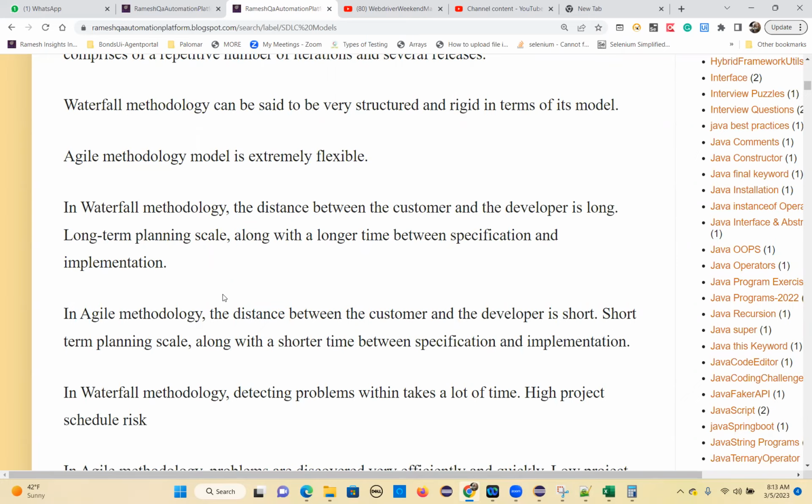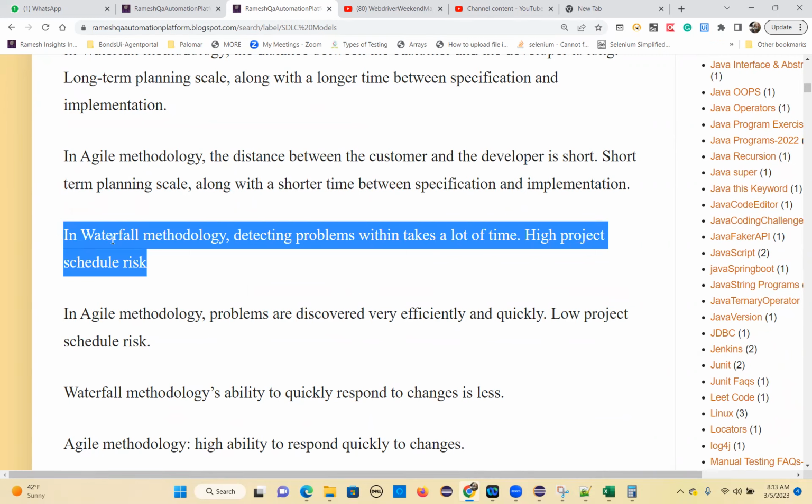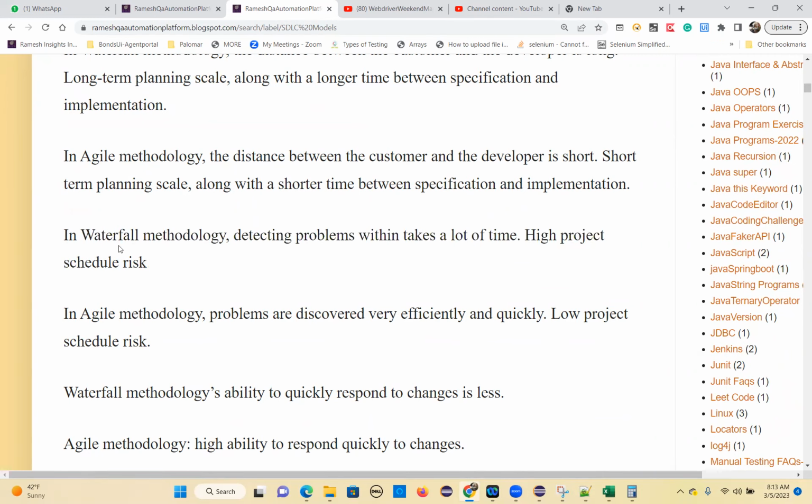That's one thing. In waterfall methodology, detecting problems takes a lot of time, with high project schedule risk, because testing starts only after development is completed. Until then you won't start your activities.